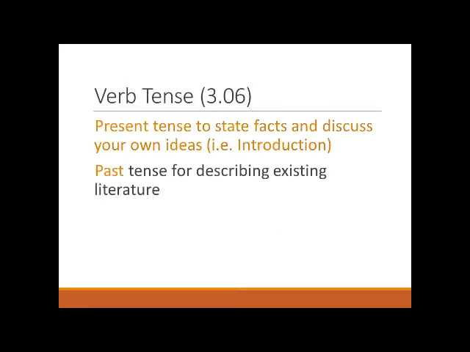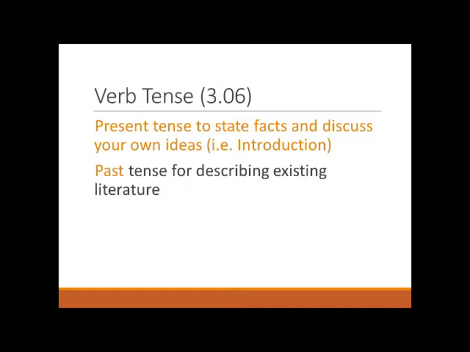You use past tense when you refer to existing literature, which means anytime you talk about things that other people have written, that information should be written in past tense. They have already said it, and this is a common error that people make.